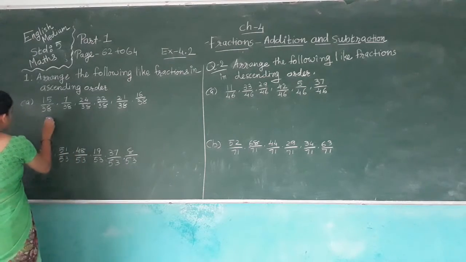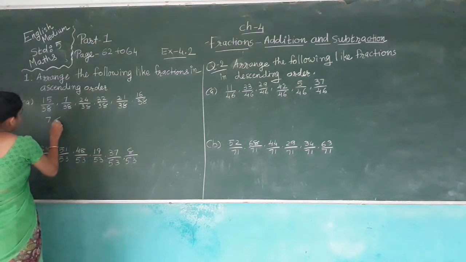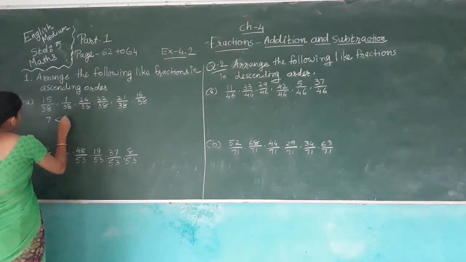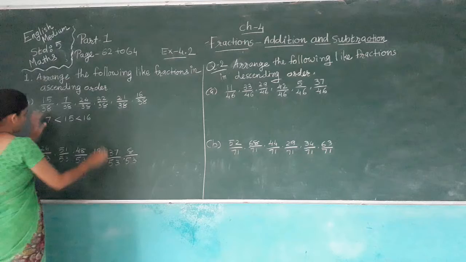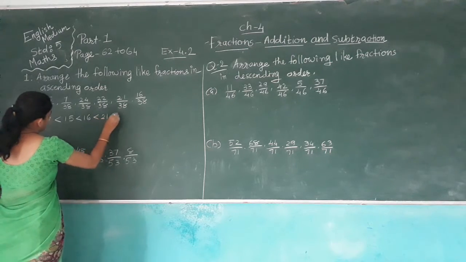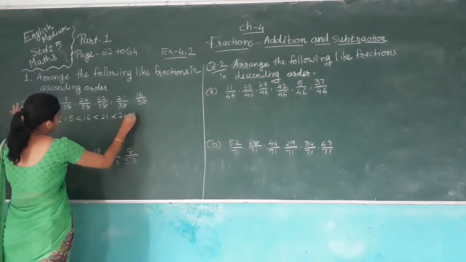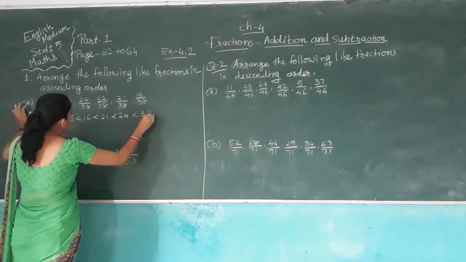Here 7, then 7, then 15, then 16, then 21, then 24, then 32.